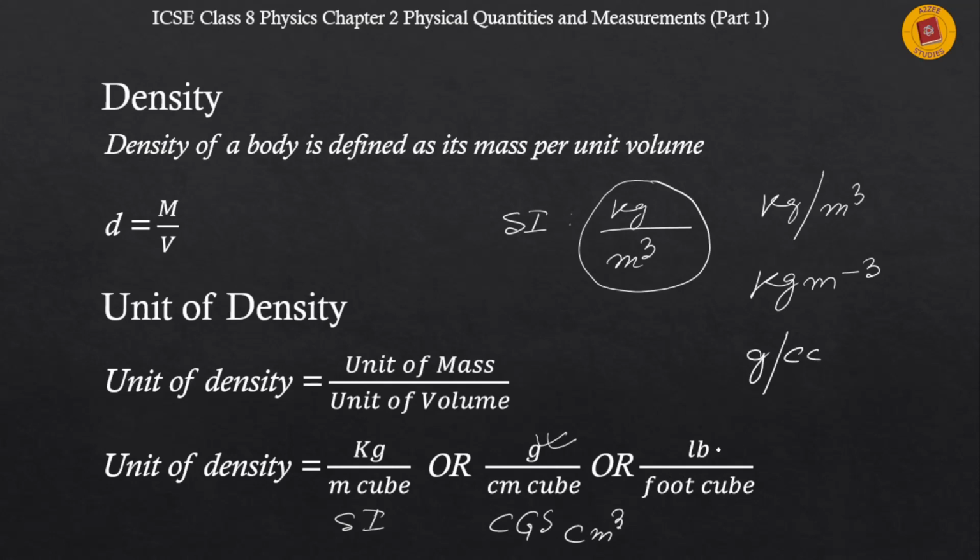Another unit is there, but this is rarely used. This is the FPS system. This is lb, meaning pound per cubic foot. But this is rarely used nowadays, and sums or problems do not come in this format generally.